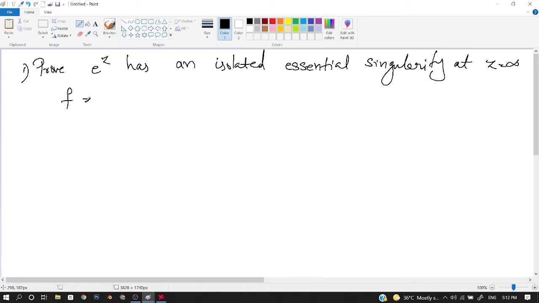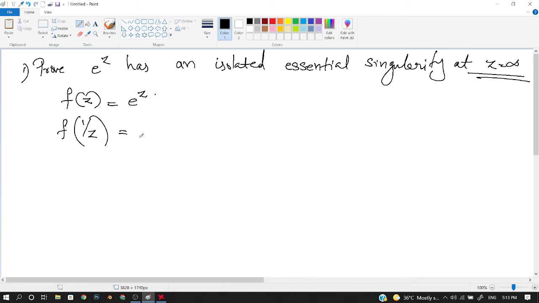So our function is f of z equal to e raised to z. In order to study the behavior of the function e raised to z at z equal to infinity, we already learned it is enough to study the behavior of the function f of 1 by z at z equal to 0.